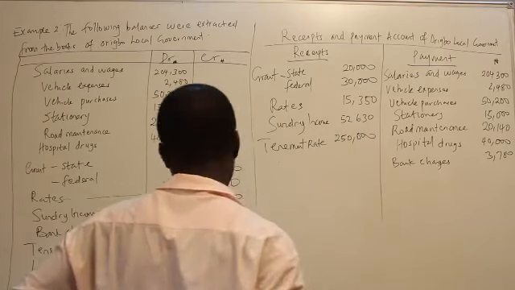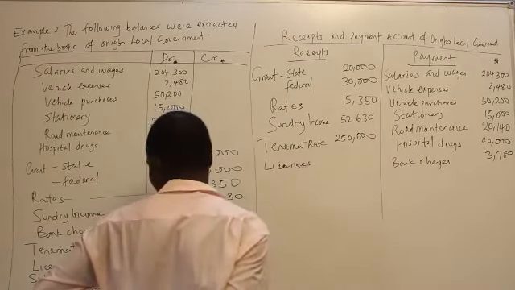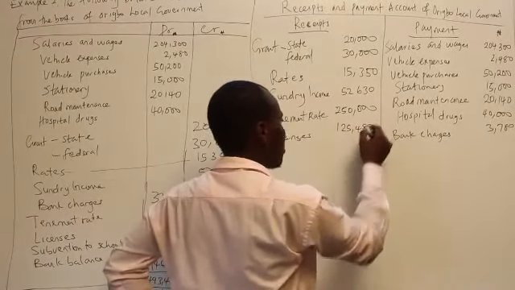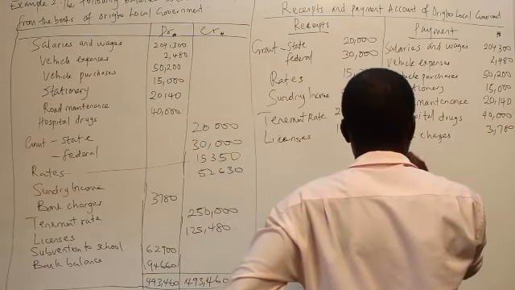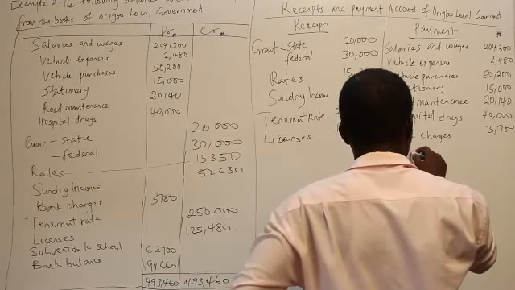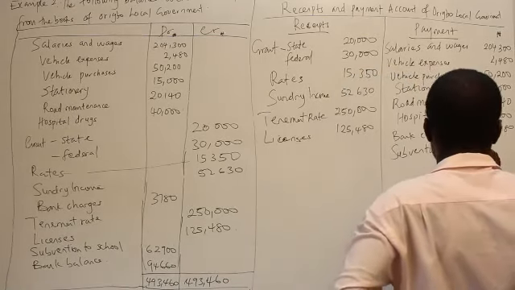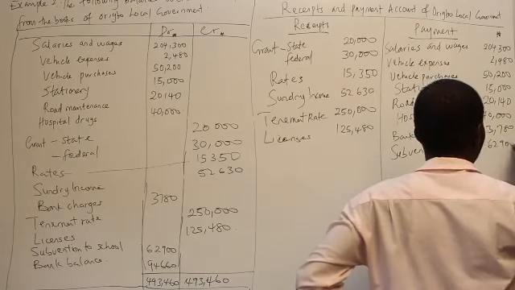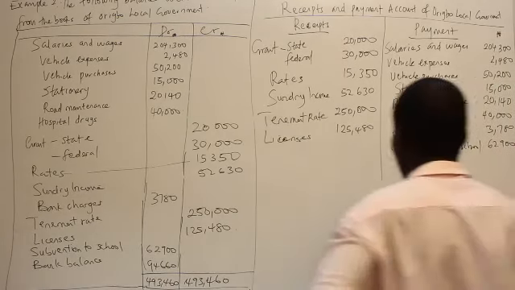So you have licenses, which is 105,480. So we have subvention to school, which is 2,900.